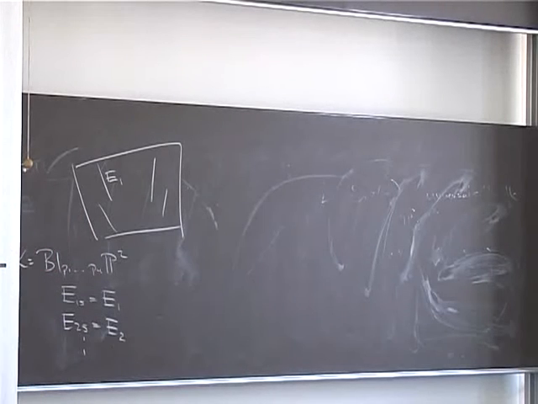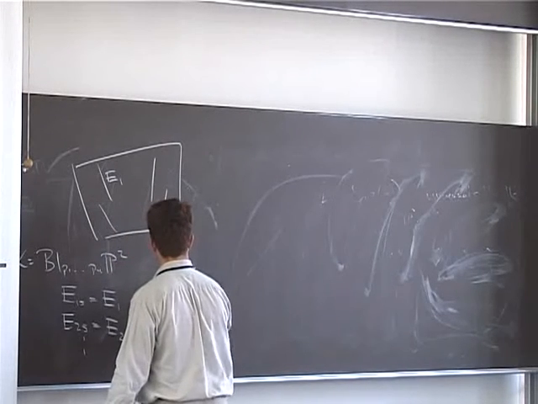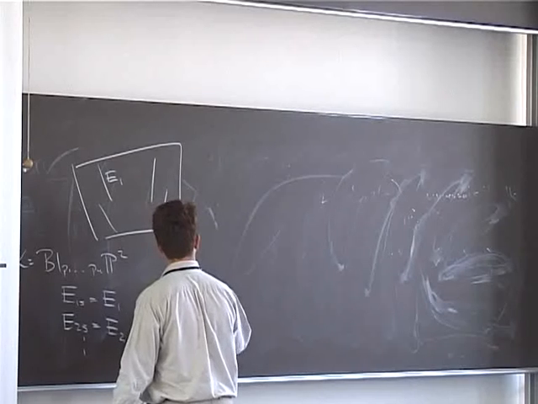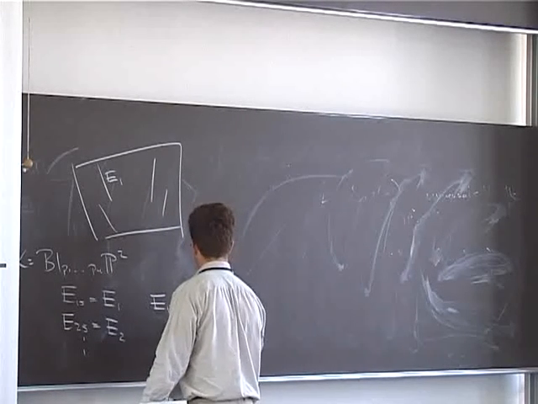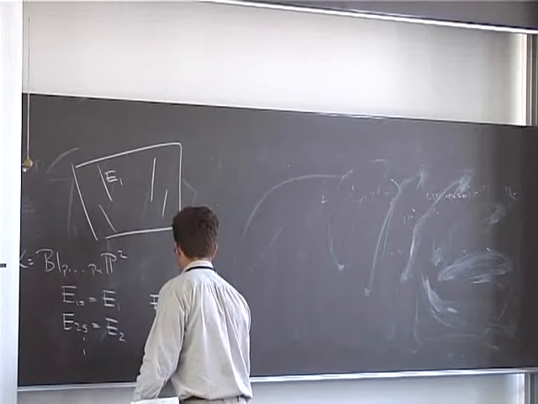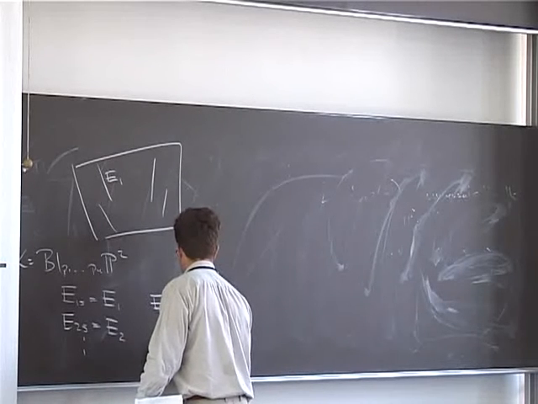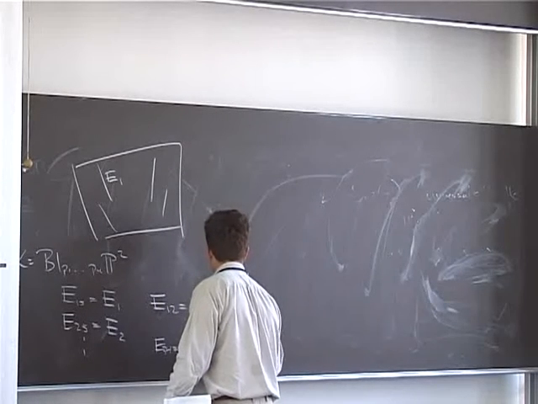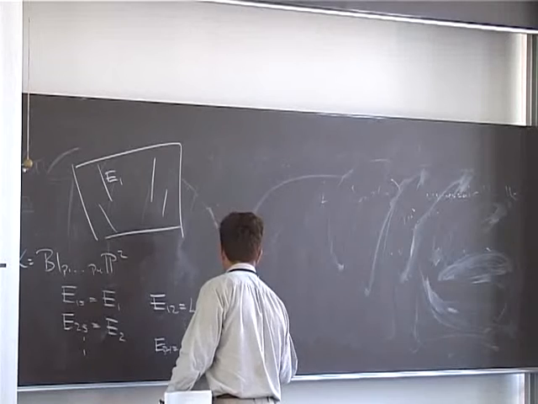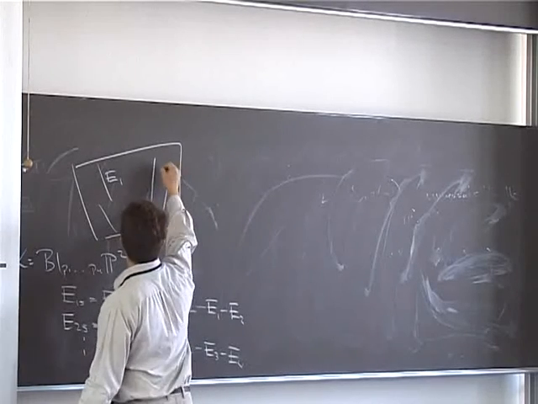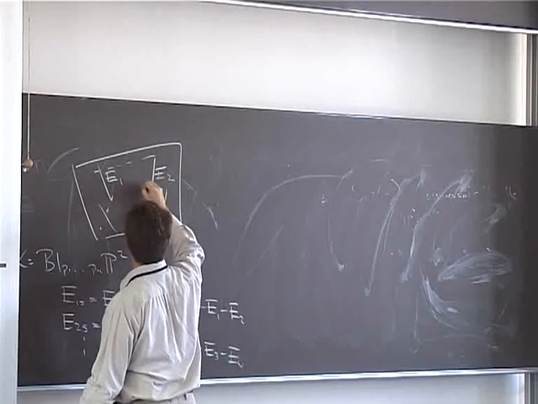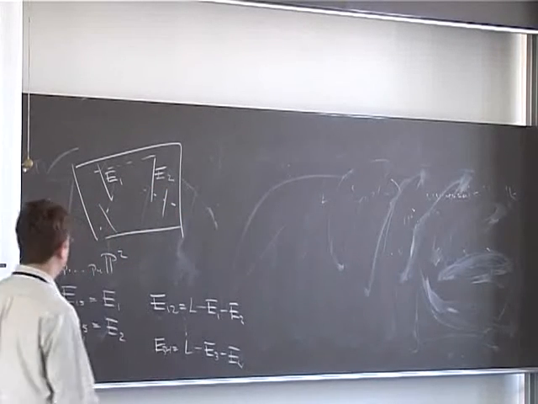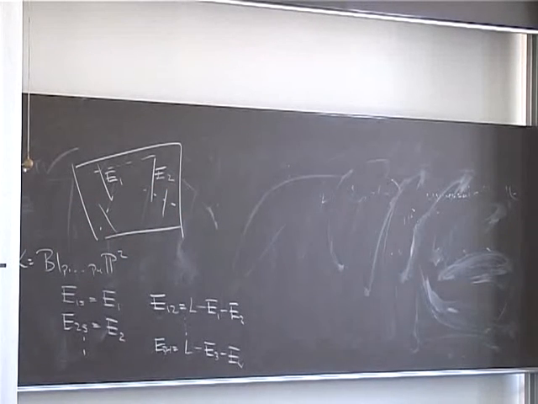I use this notation for the 4 exceptional divisors, E1 through E4, and this notation for the proper transforms of the lines through pairs of the points. I get 10 of these all together.